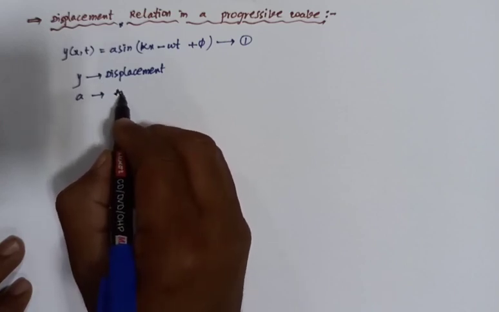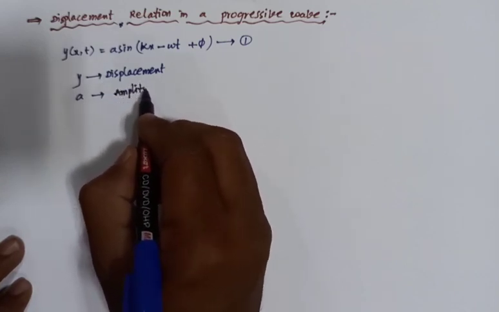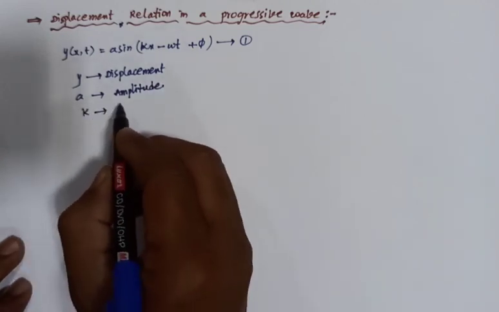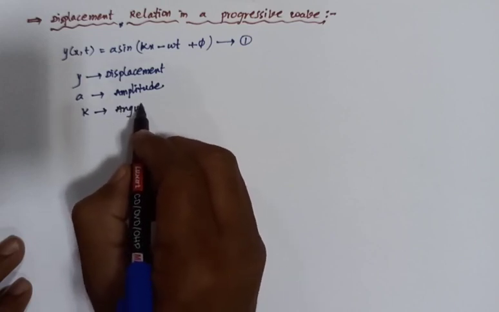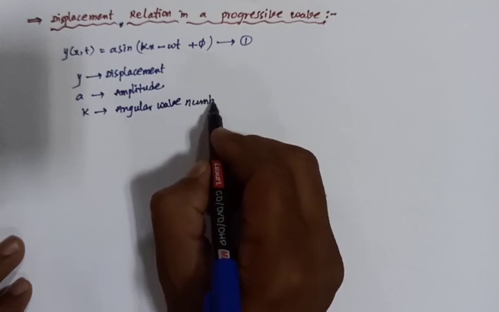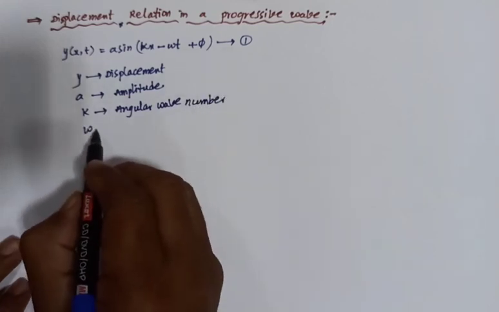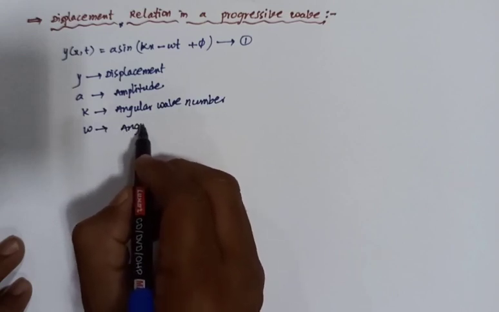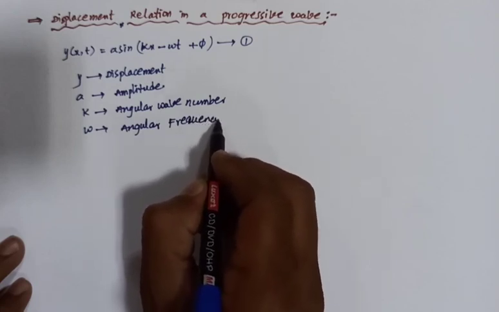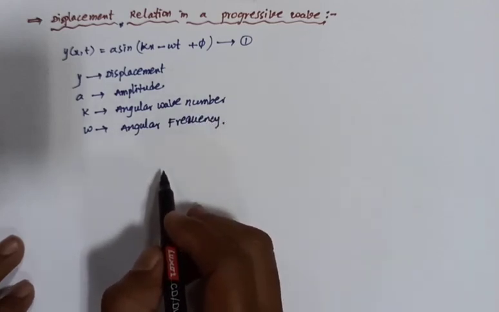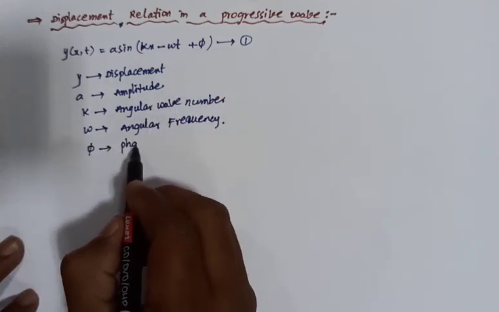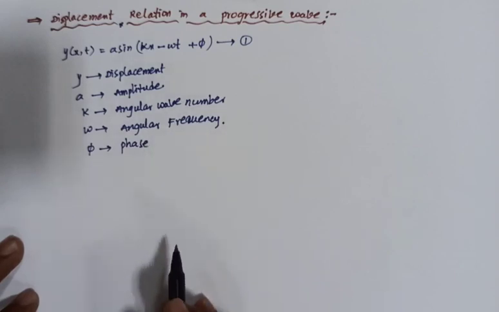A is the amplitude, k is the angular wave number, ω is the angular frequency, and φ is the phase angle or phase.